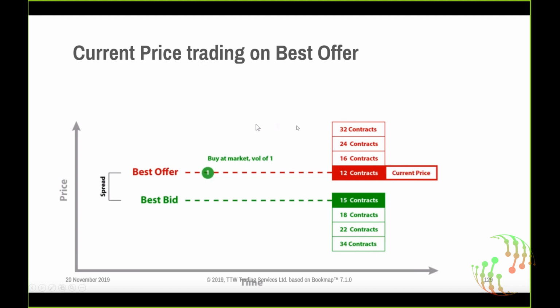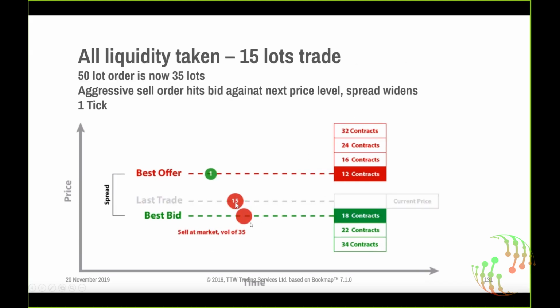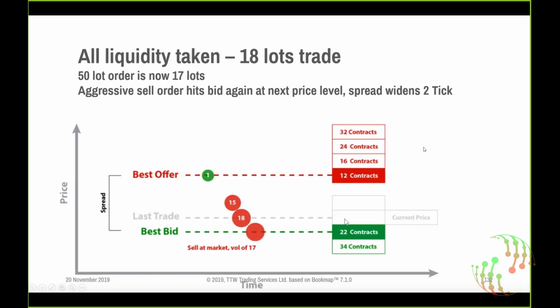Let's go to the scheme of the sweep. We have here our offer side: 32, 24, 16, and 20 contracts. We have below 15, 18, 22, and 34. So we are trading at the best offer here. And suddenly an aggressive 15 lot sell order hits the bid. What happens is very obvious: they are selling everything below.